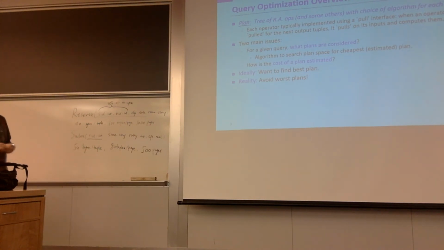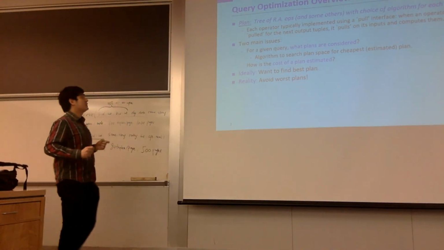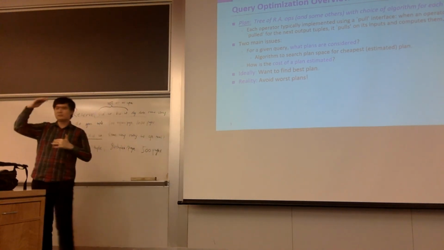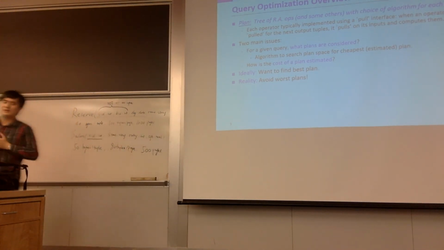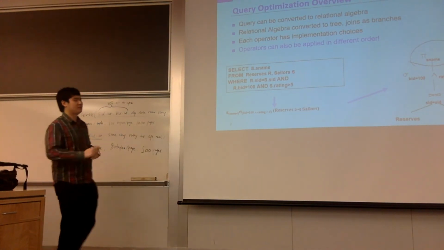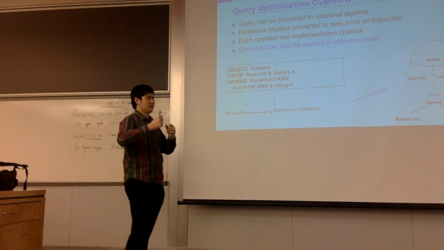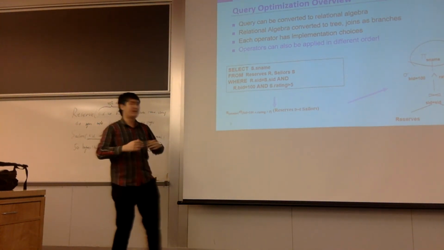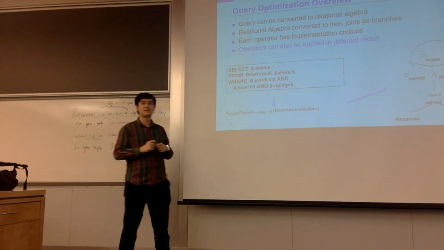In a nutshell, in a query optimizer, we call this whole thing a plan. A plan is roughly just the tree here. A logical plan is basically combining all the relational operators and organizing them into a tree.